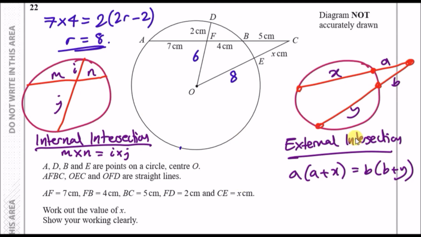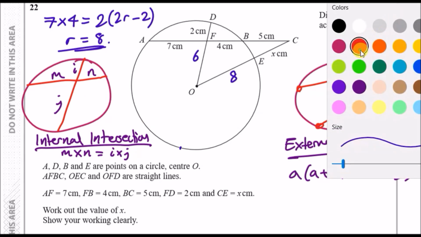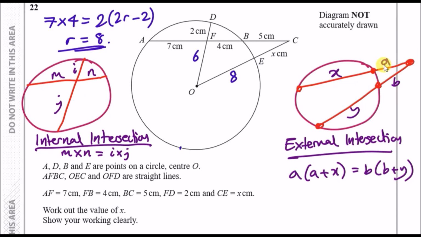Now, as for the second part, external intersection, this is where it gets a bit more tricky, possibly. We have to look at it this way. It's going to be A times the full length, which is equal to this short length times the whole length.